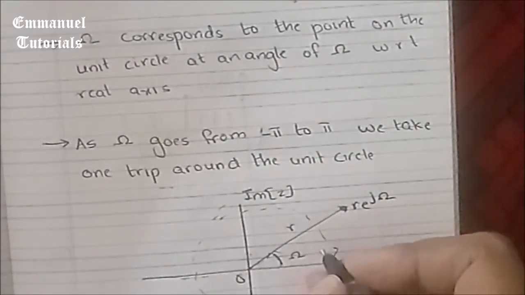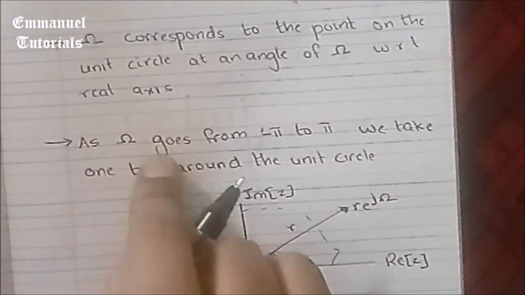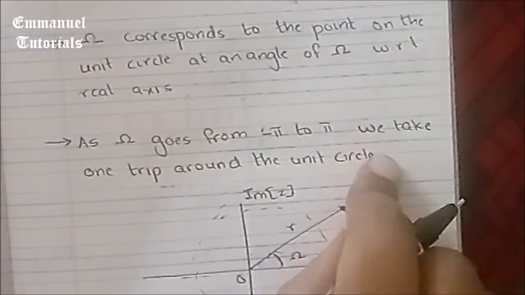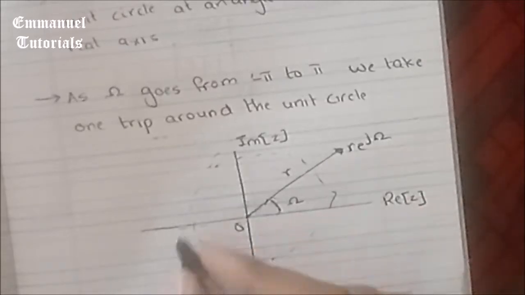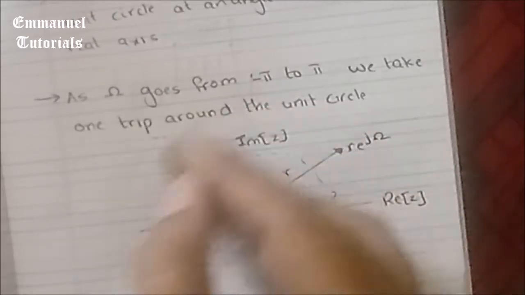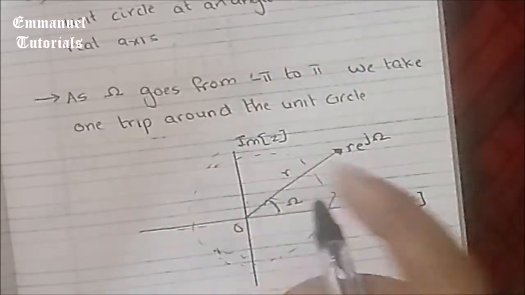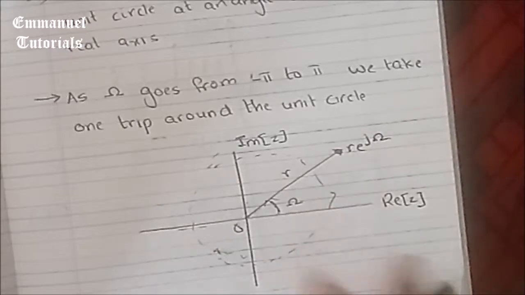So this is what they are saying, at an angle omega. As omega goes from minus pi to plus pi, we take one trip around the unit circle. So from minus pi to plus pi, the area which is getting traced is represented by the unit circle. That is what they have told.